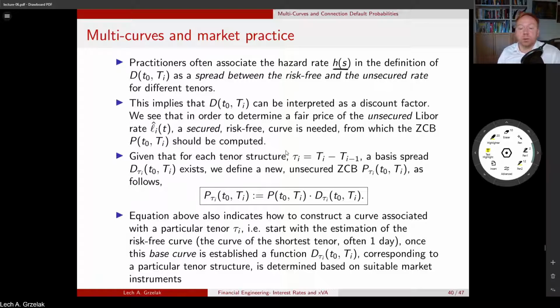For every tenor, we will have a different curve, essentially. So for every risky tenor, P tau i, we have a risk-free one. This one is unique for all the tenors. This will be a discount curve that is used for all the tenors. And then we have this adjustment which corresponds to a particular tenor structure. So you see it's very much alike what we have seen for single curve, except that we have a single curve and then we have to correct it, multiply it with this additional zero coupon bond, essentially.